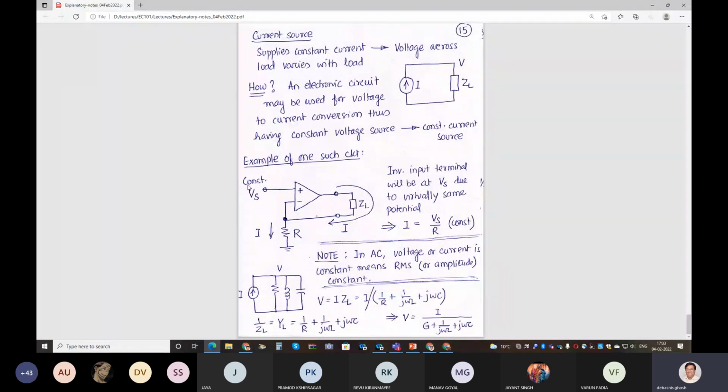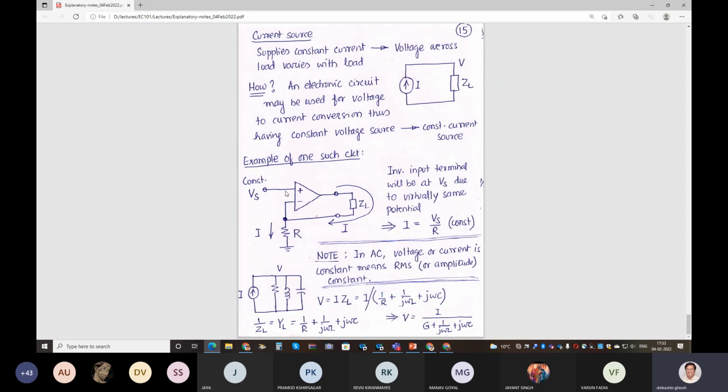How? You might have studied already that in an op amp, we always consider that whatever the voltage is at one terminal, the same voltage is also present at the other terminal, because the voltage difference between the two terminals must be equal to 0. That means the applied difference voltage should be 0, so that the output is finite.